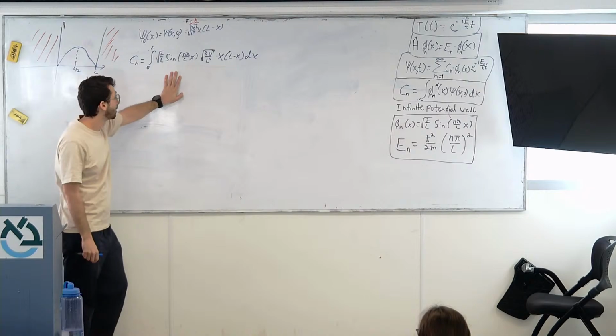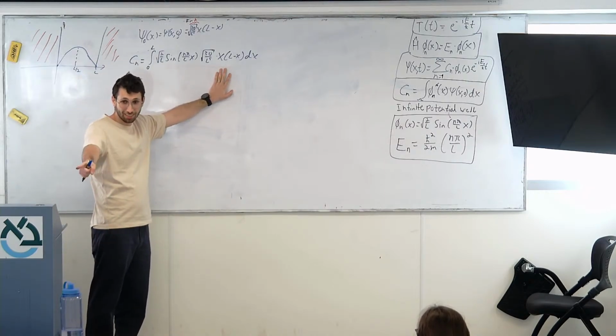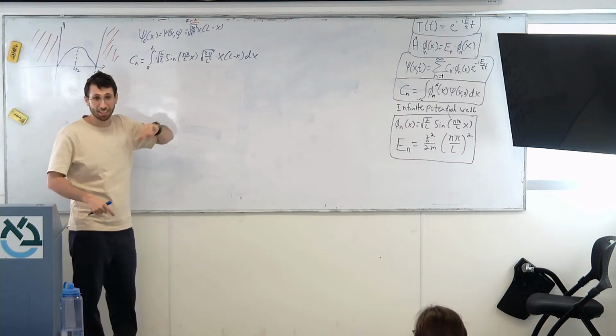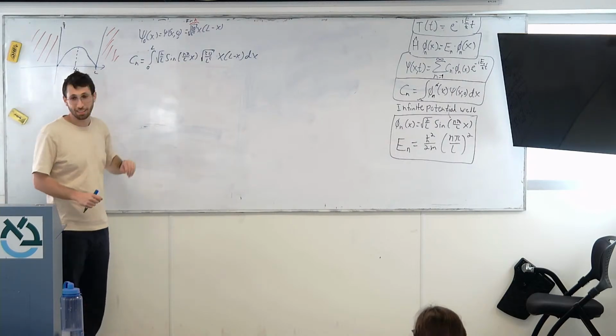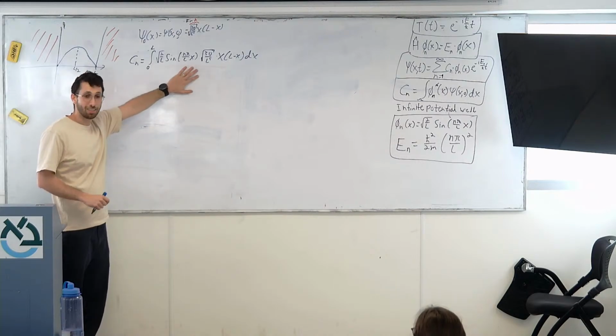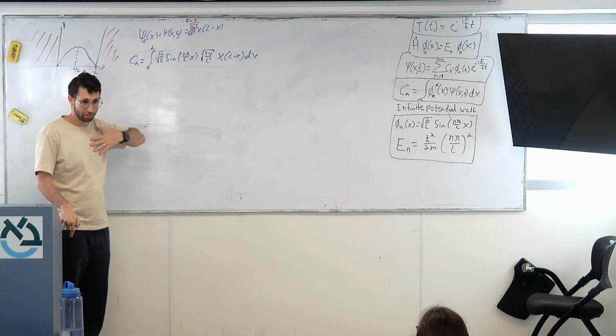Sine of n pi x over L times x, or times x squared, we can solve by integration by parts, all the tricks I taught you last time. You can even take a derivative with respect to n. So homework, you will do a lot of stuff like this, but it's essentially solving an integral, which if you have trouble, feel free to come to me.